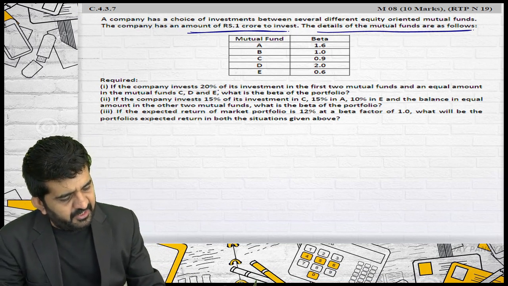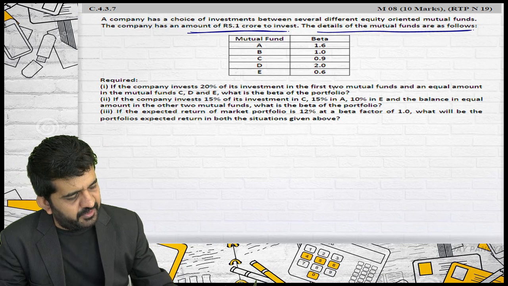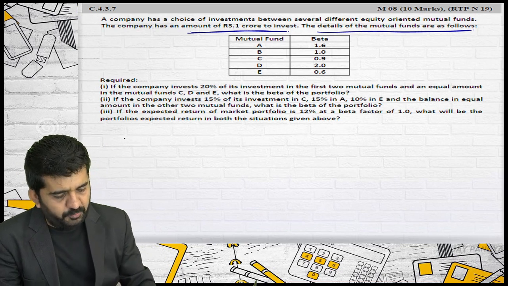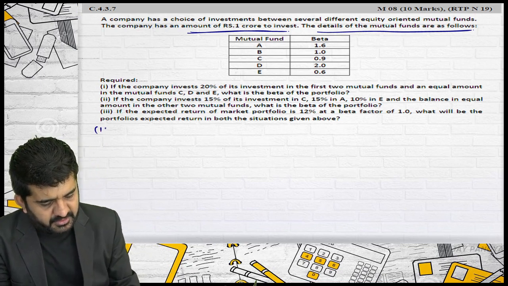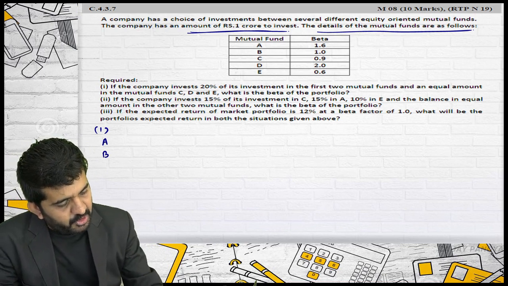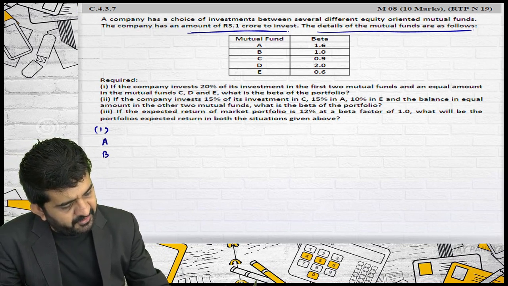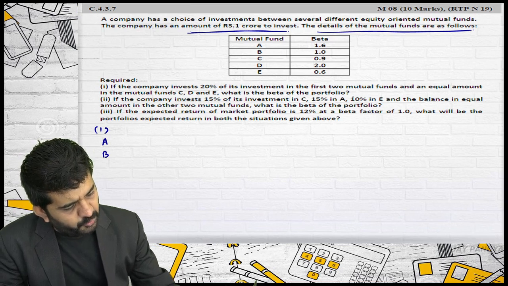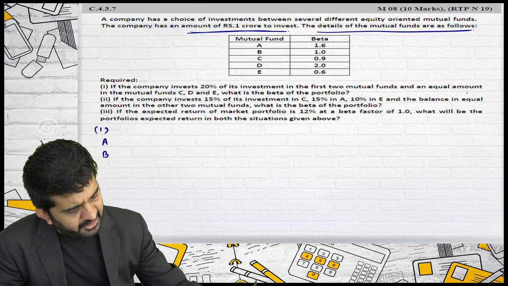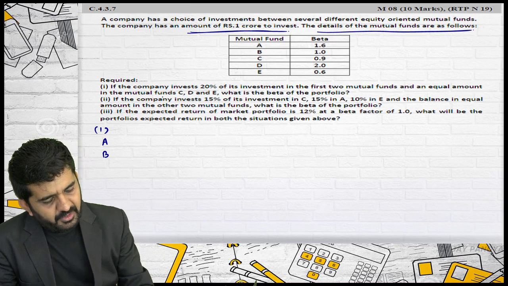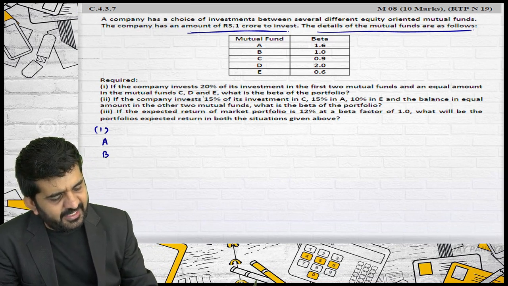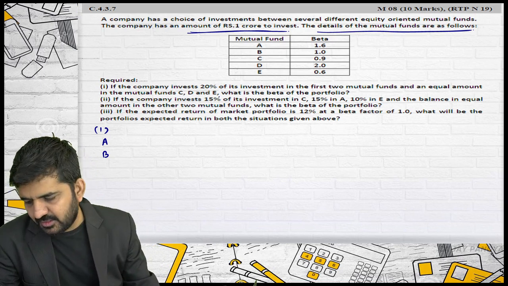If the company invests 20% of its investment in first two mutual funds, let me write down the first answer. If they invest 20% of its investment each in the first two mutual funds and an equal amount in mutual funds C, D and E. Is it alright?